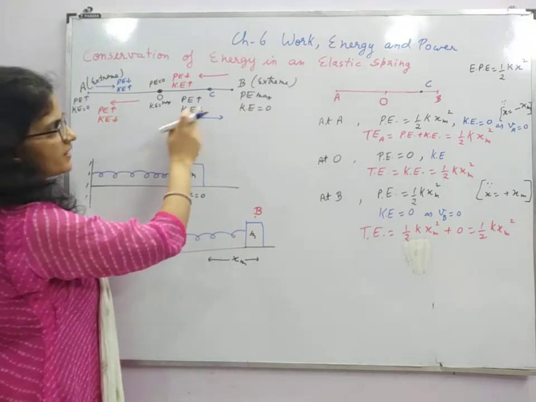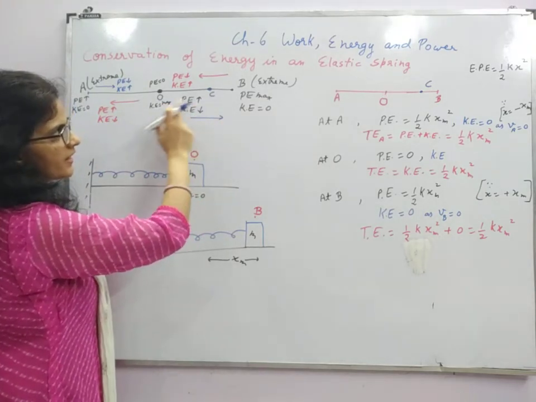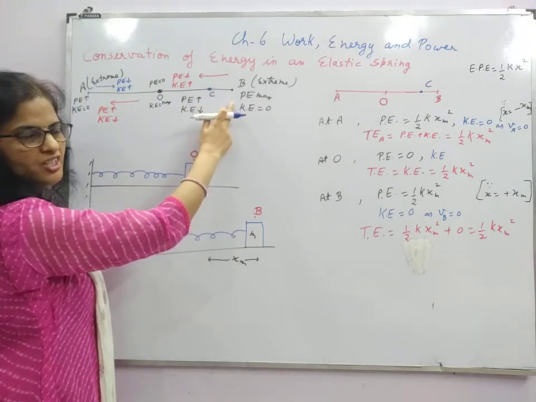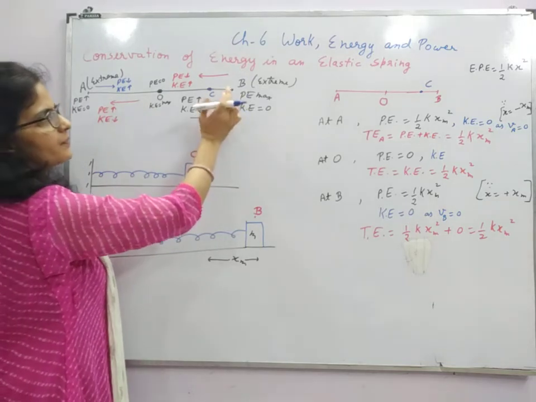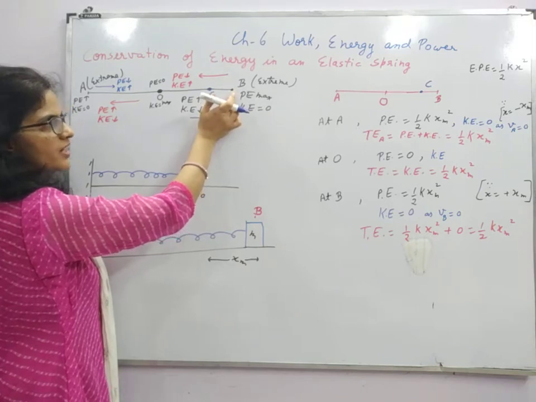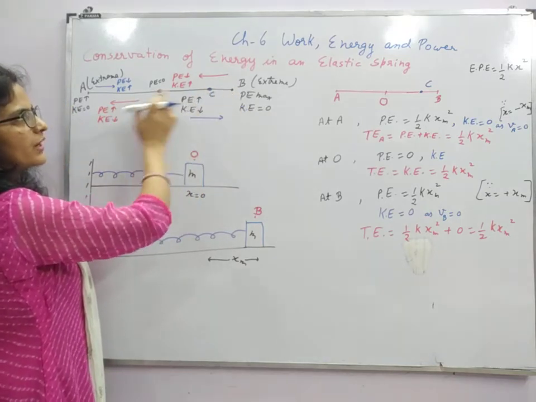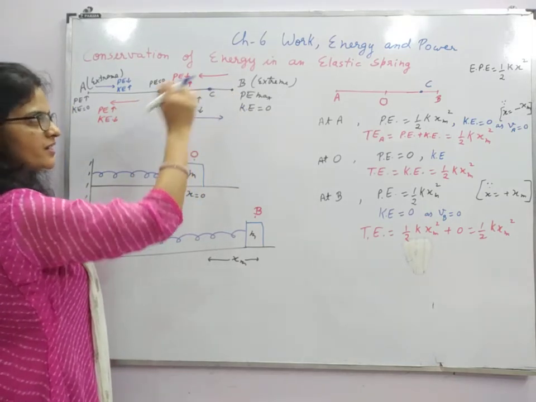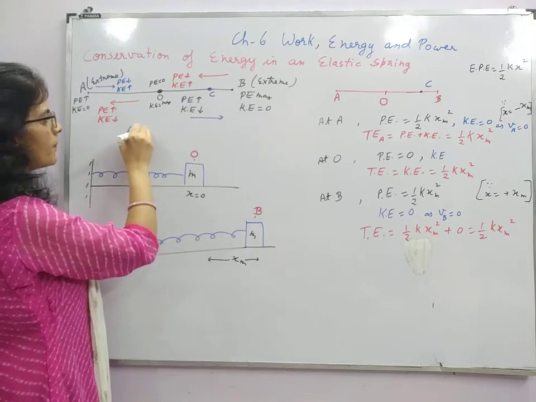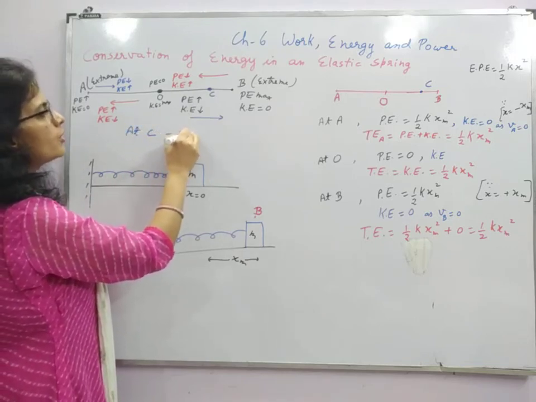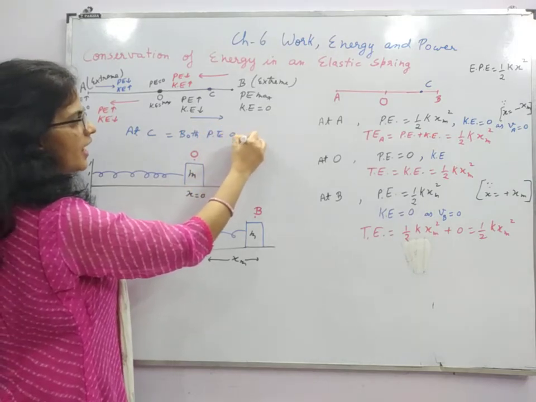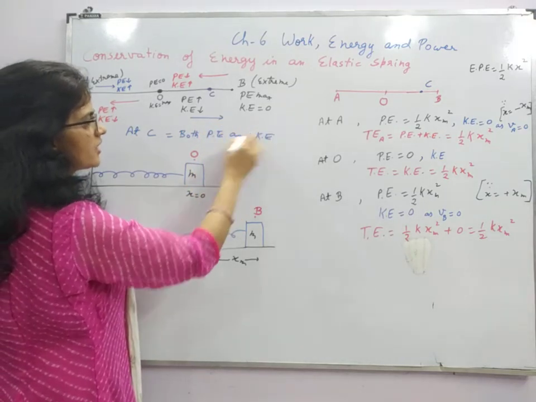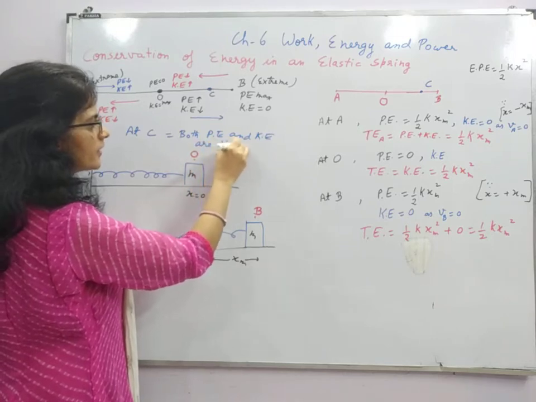We know that when it is going this way, the kinetic energy is converting to potential energy. That's why the potential energy is increasing. When it is returning, the potential energy is converting to kinetic energy. So at point C, both potential energy and kinetic energy are there.